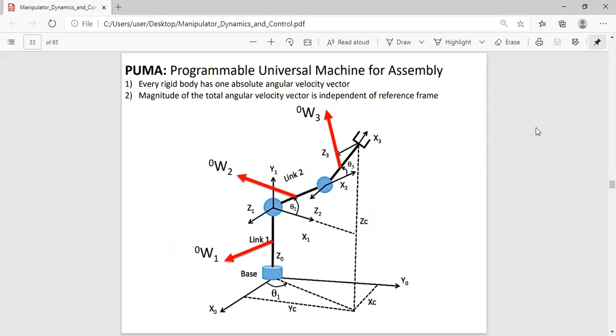All right, so let's focus now on finding the rotational kinetic energy of every link. We know that every link will ultimately have one angular velocity vector, correct? So if I start with link 1, I know that omega 1 in frame 0 is going to be like this, and mainly we know it from the z vectors.